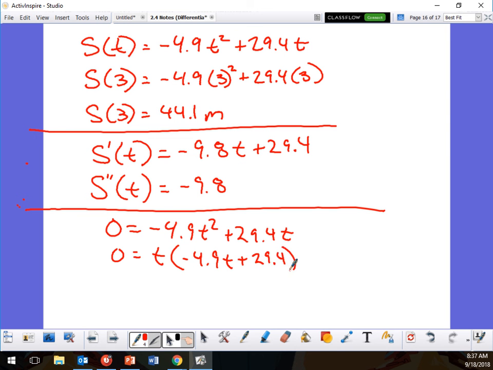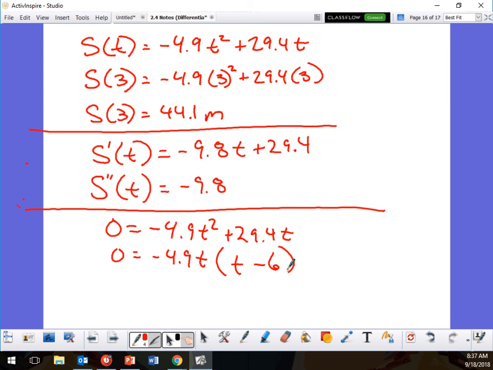You could have pulled out the 4.9, or negative 4.9. So negative 4.9 t, and it's going to be t minus 6.